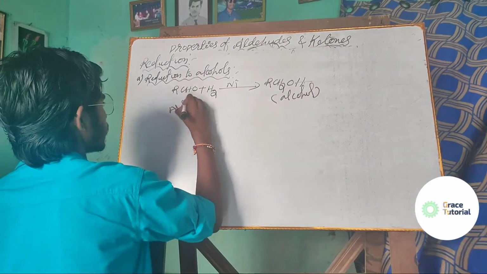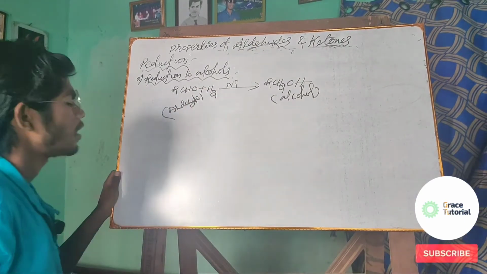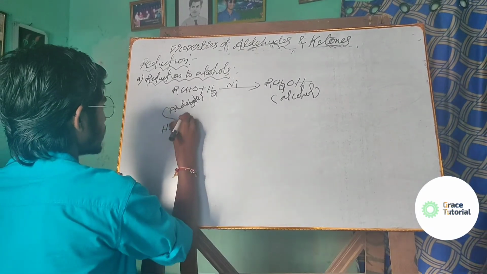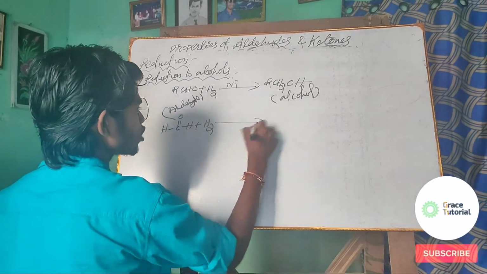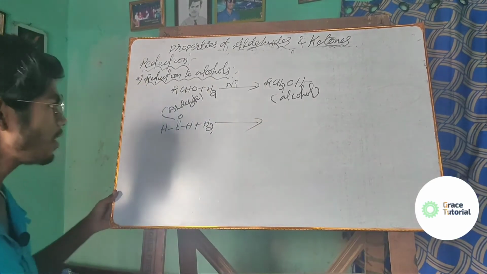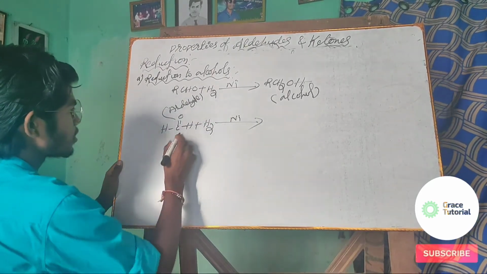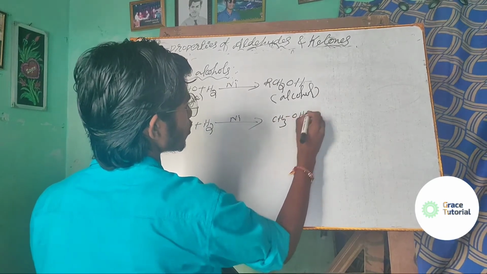If you take the specific example, formaldehyde reacting with hydrogen, reduction meaning addition of hydrogen or removal of oxygen, in the presence of this nickel catalyst, then CH3OH, that is methyl alcohol, is obtained.